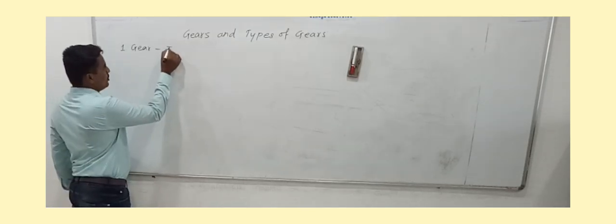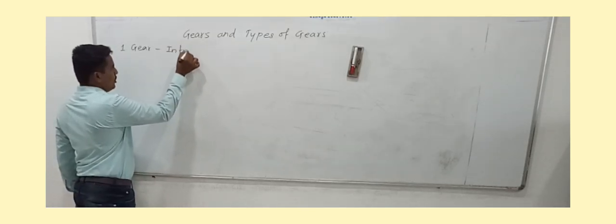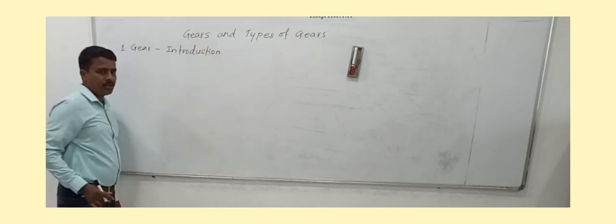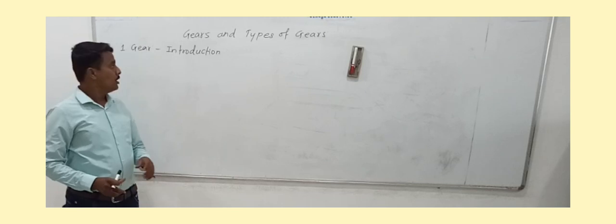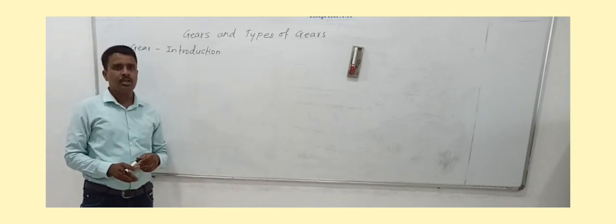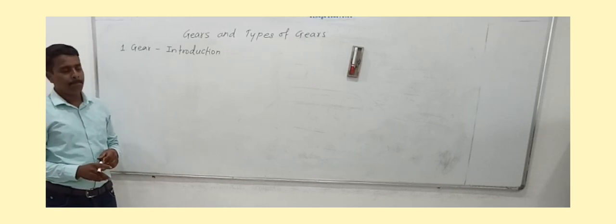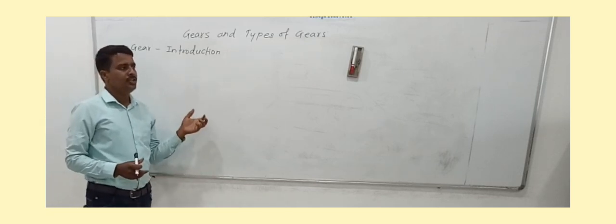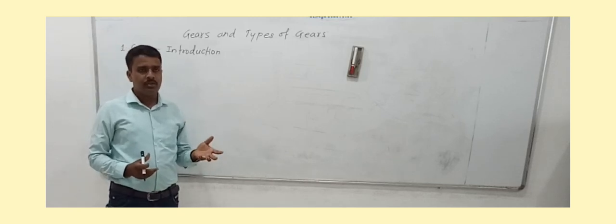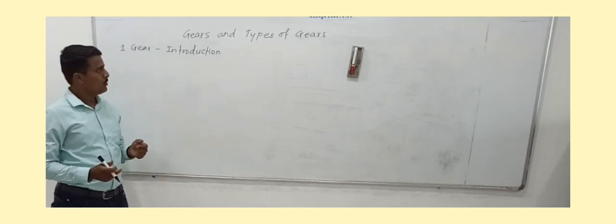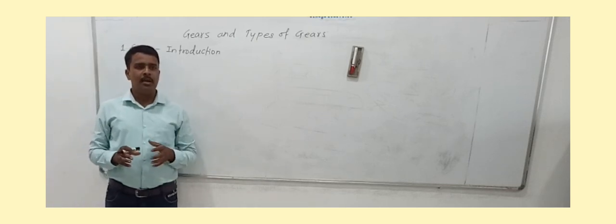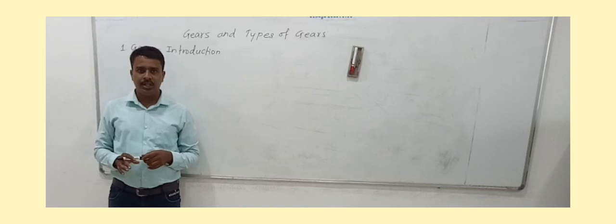So the introduction contains the definition, application, and importance of gears. The definition of gear is: it is a toothed wheel used for transmission of motion and power. As a mechanical engineer, we should know different types of gears, the application of gears, and the significance of gears also. Gears are used in many applications in mechanical engineering.